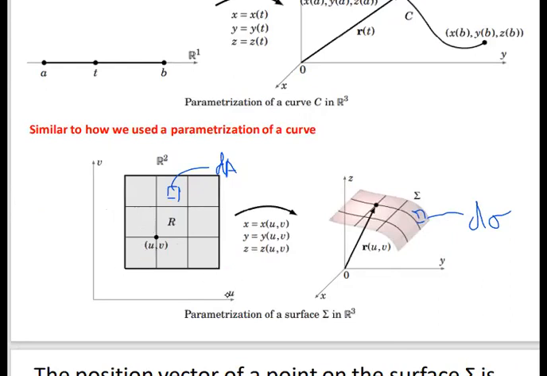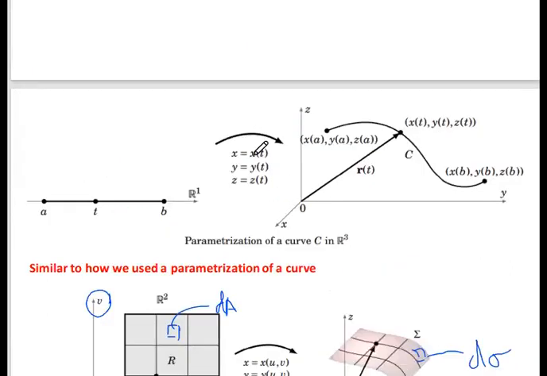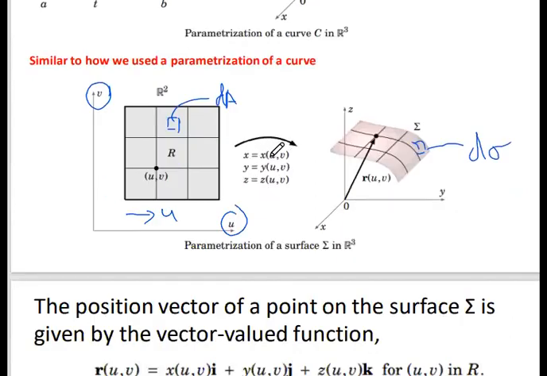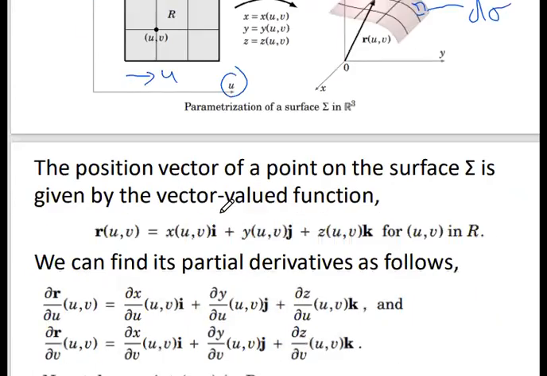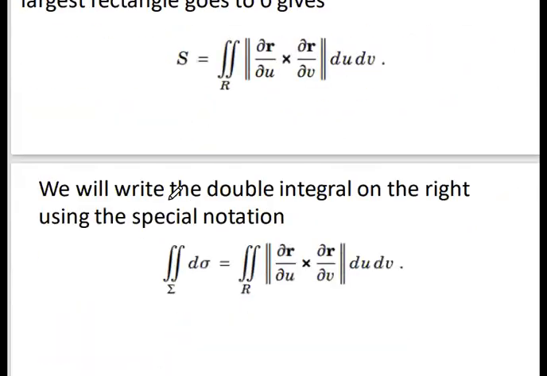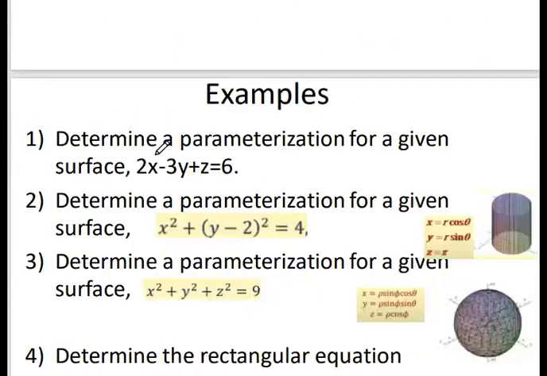One is parameter u, and the other one is v. Then you can parameterize this surface very easily. Earlier we wrote x, y, z in terms of t. This time we write x, y, and z in terms of these two parameters. So let's see how we parameterize these kinds of surfaces.